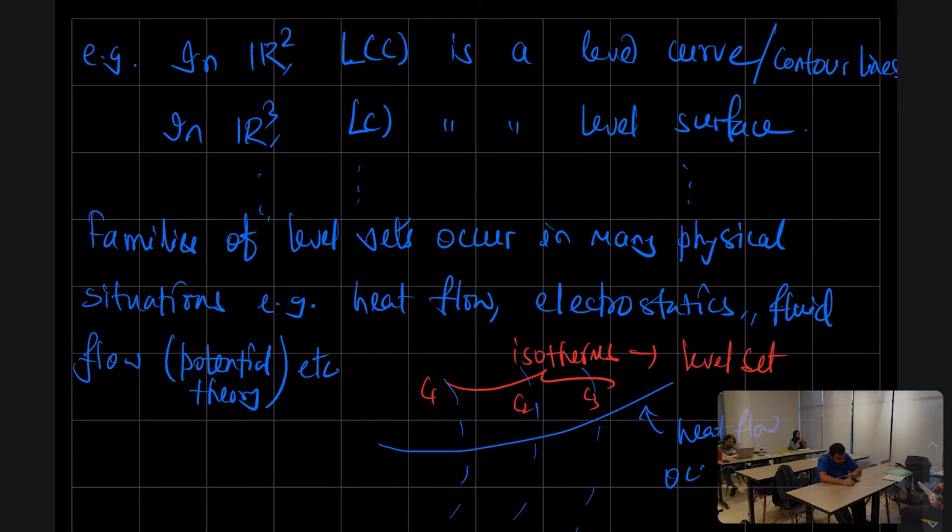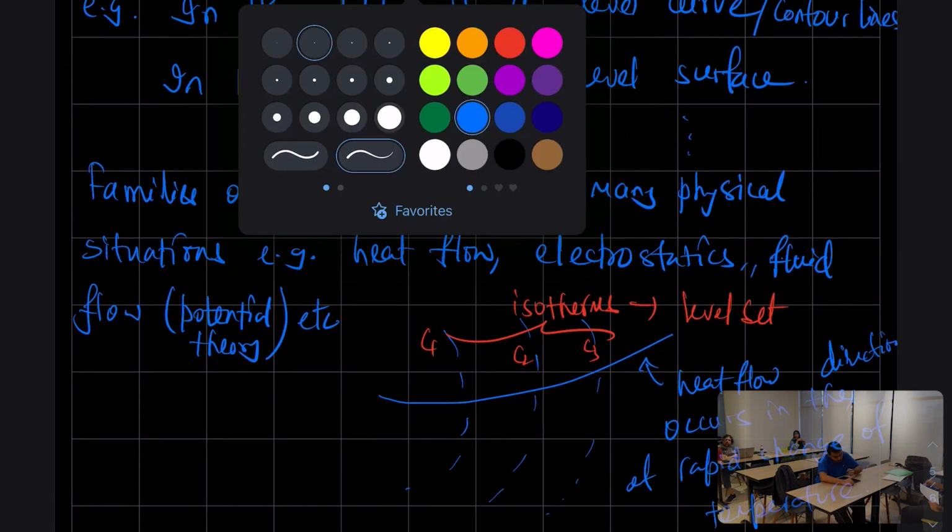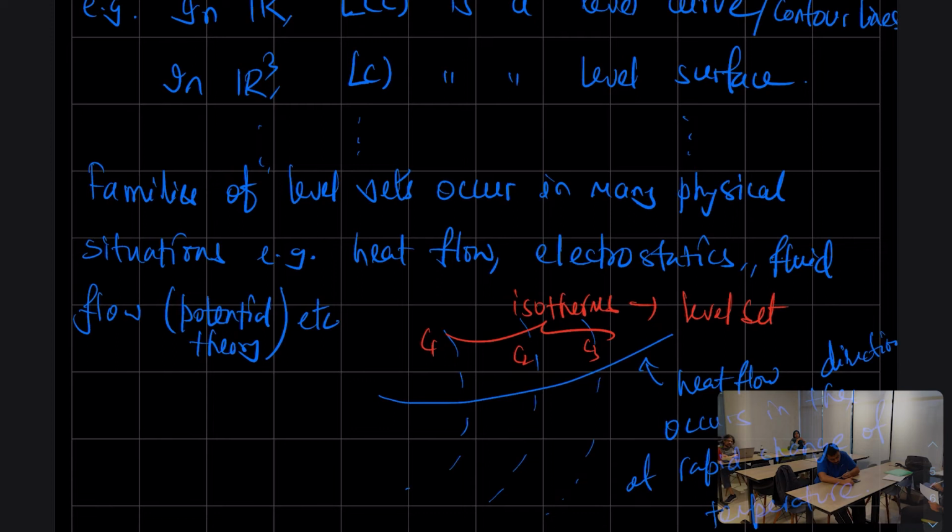So heat flow occurs in the direction of rapid change of temperature, the most rapid, or maximum, change of temperature. Right.